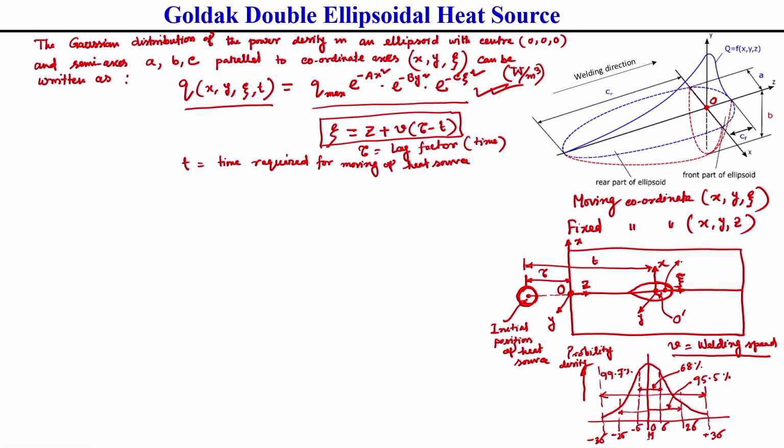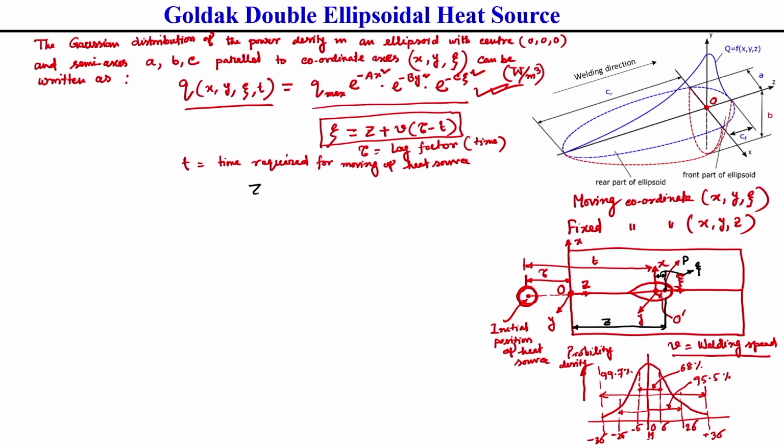I am considering a point P. This P has a distance from the moving coordinate system, let us consider zeta, and from the fixed coordinate O, this point P distance is, let us consider, Z. So, what is Z?